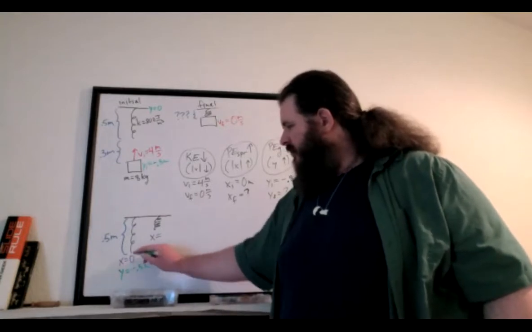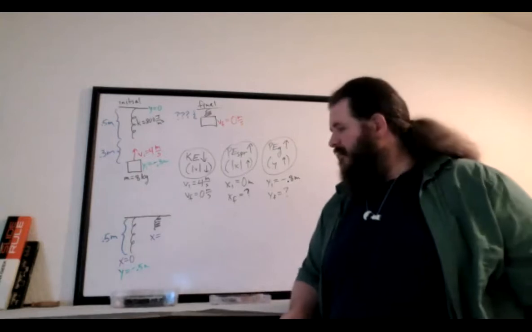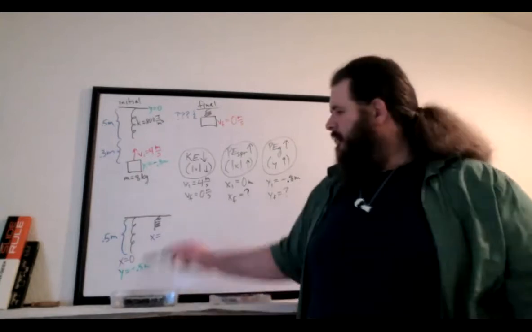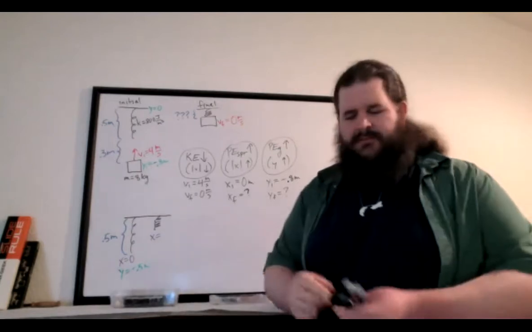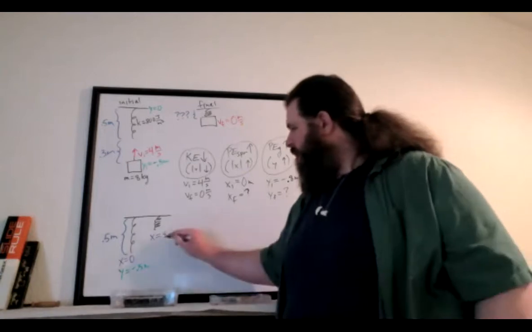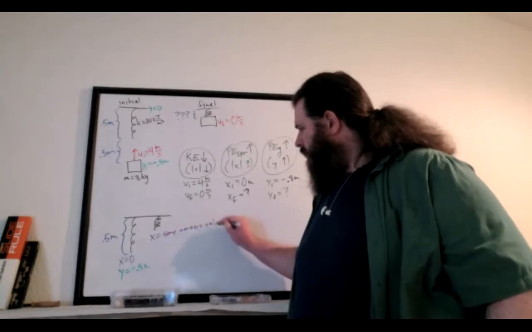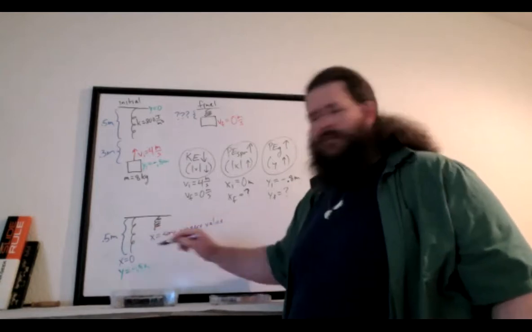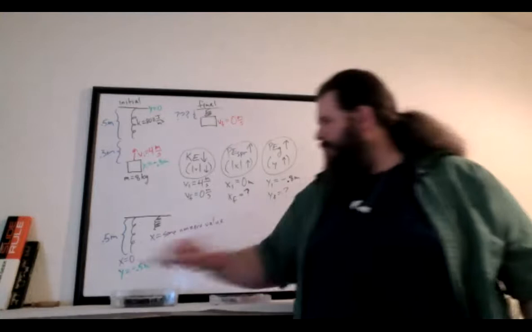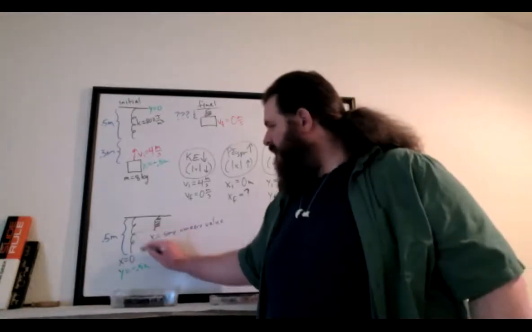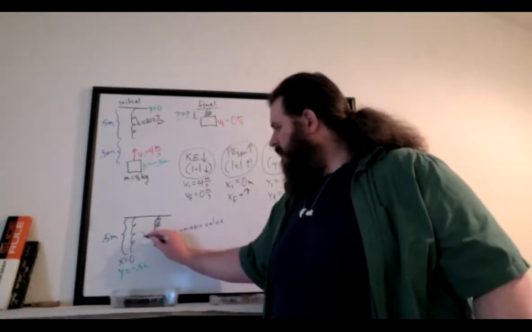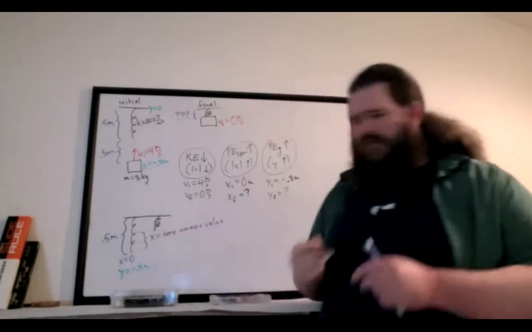So when x is 0, when it's uncompressed, y would be negative 0.5. But now x is compressed some distance. X represents how far this has been compressed. So x would specifically be this distance, how compressed it is.